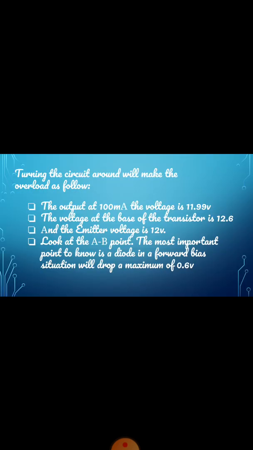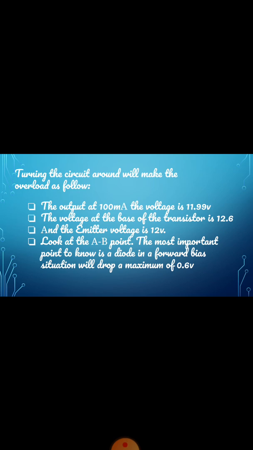Turning the circuit around will make the overload as follows. The output at 100 mA, the voltage is 11.99 volt. The voltage at the base of the transistor is 12.6 and the emitter voltage is 12 volt. Look at the A minus B point.